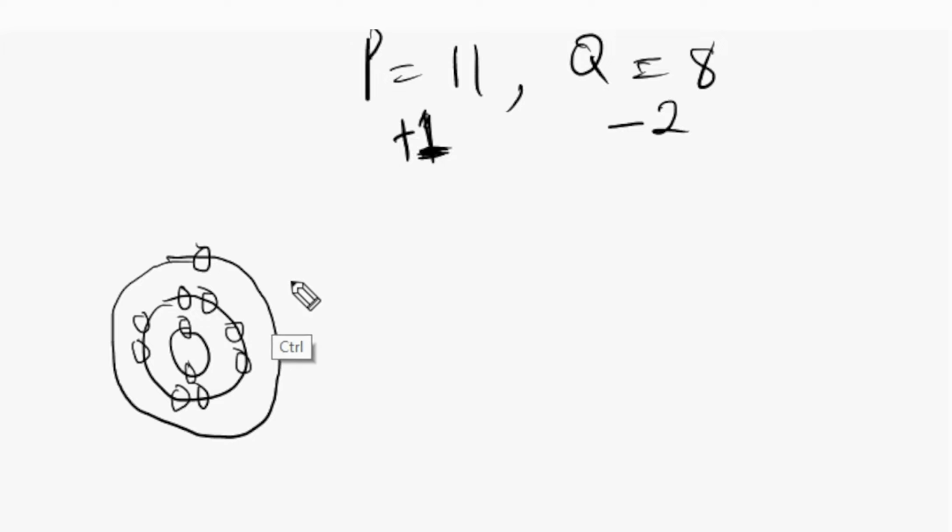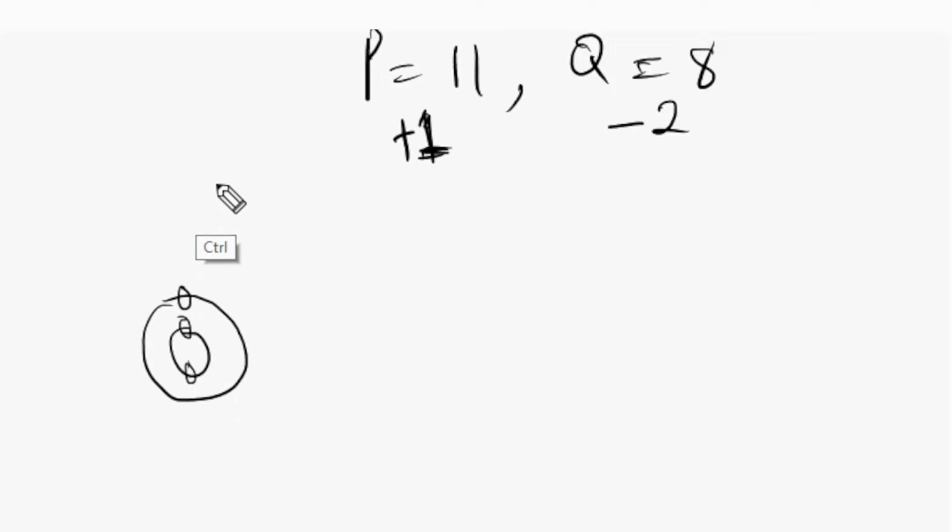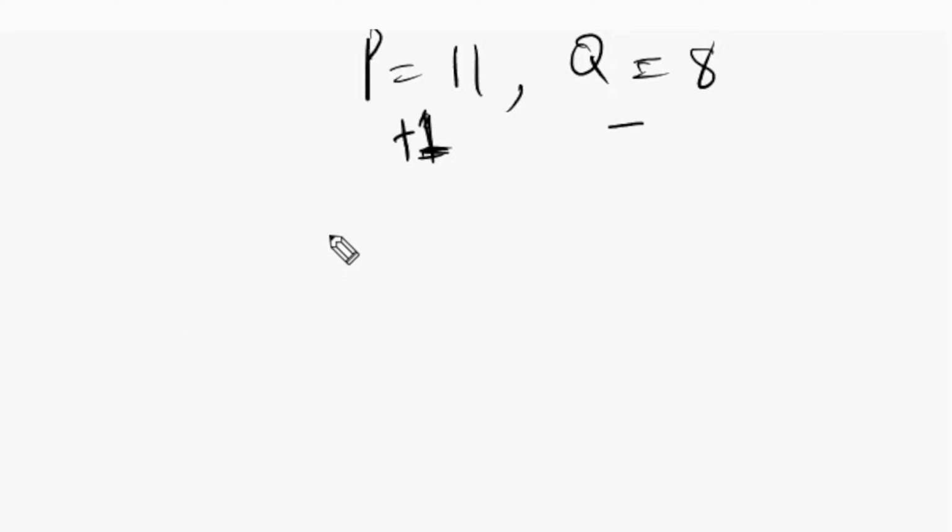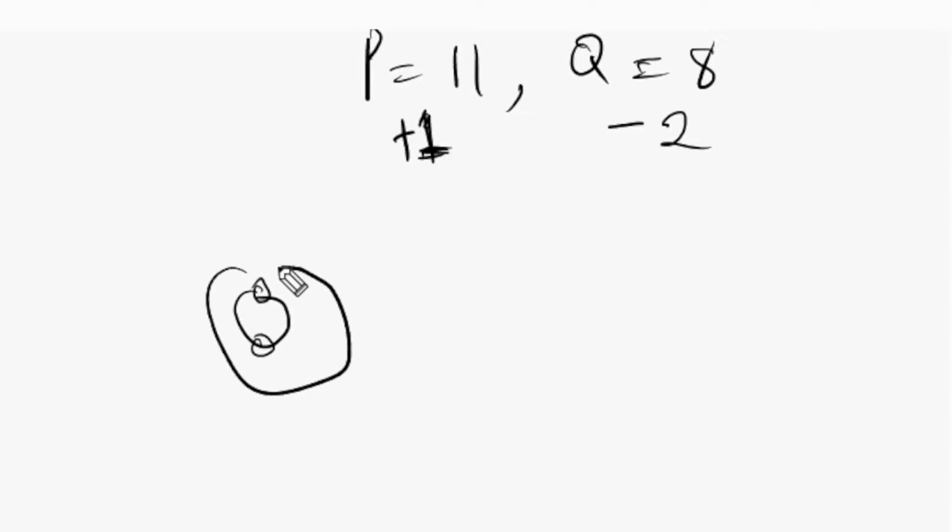So let's go ahead and check out this for the Q. For Q, we said Q will have a -2, and that's because if we check out the shell, we are going to have 1, 2, 3, 4, 5, 6, 7, 8.